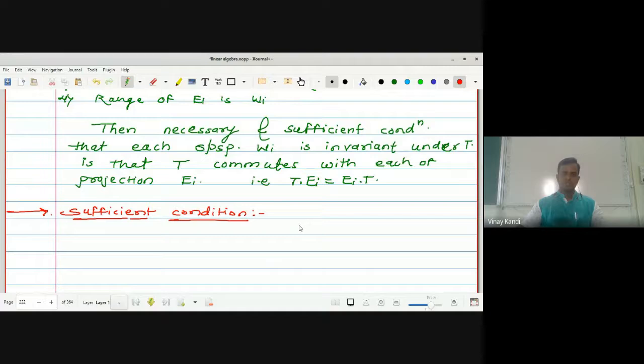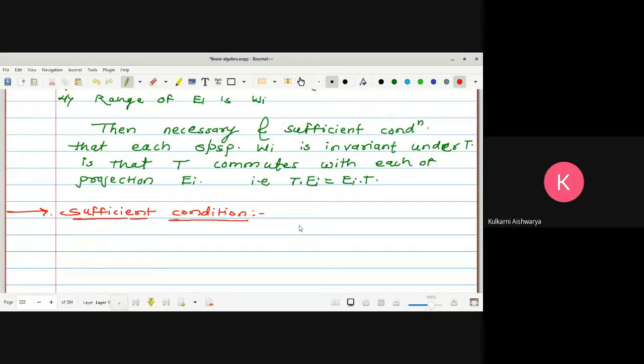Assuming Wi is invariant under T, we are going to prove T into Ei is equal to Ei into T. This one is the necessary part. And what is the sufficient part? Assuming T into Ei is equal to Ei into T, we have to prove that Wi is invariant under T.